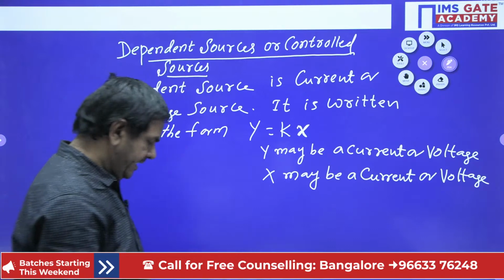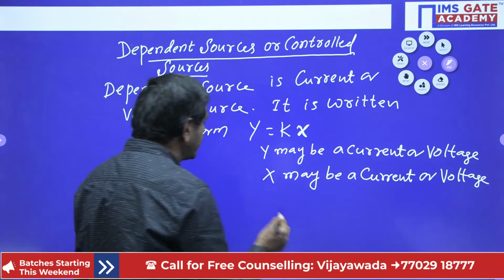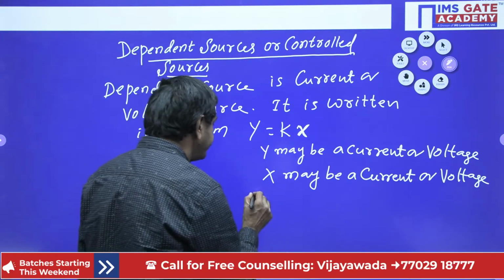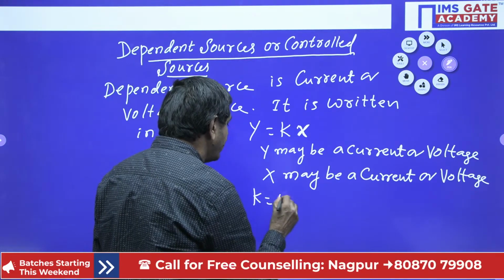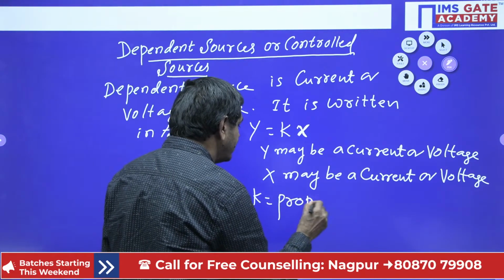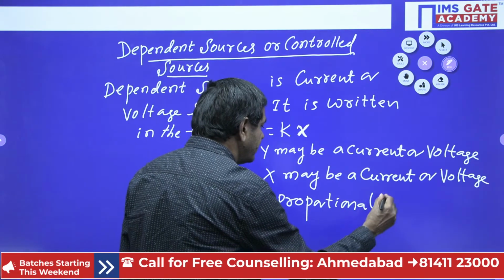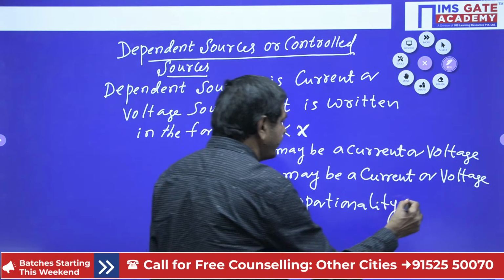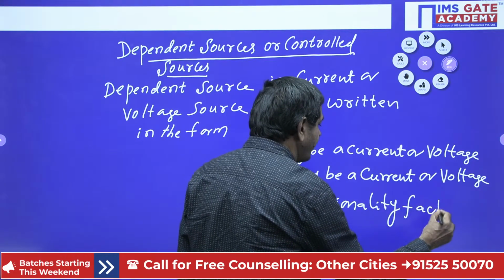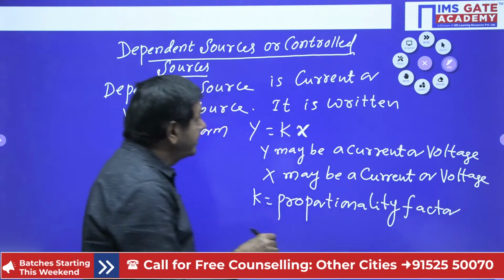Sir, what about that K? K is called a proportionality factor. K equals the proportionality factor. That way it is written.